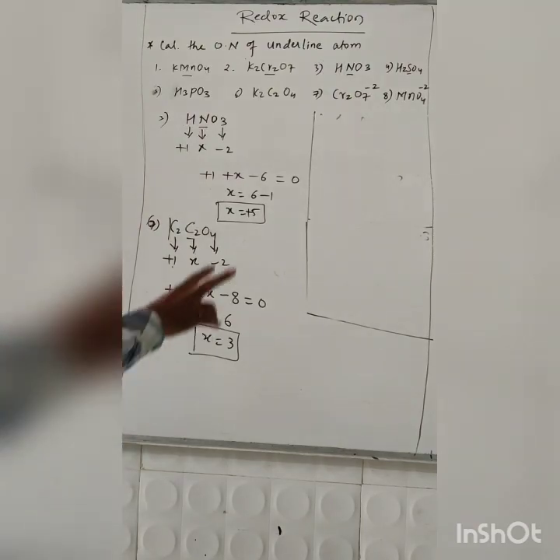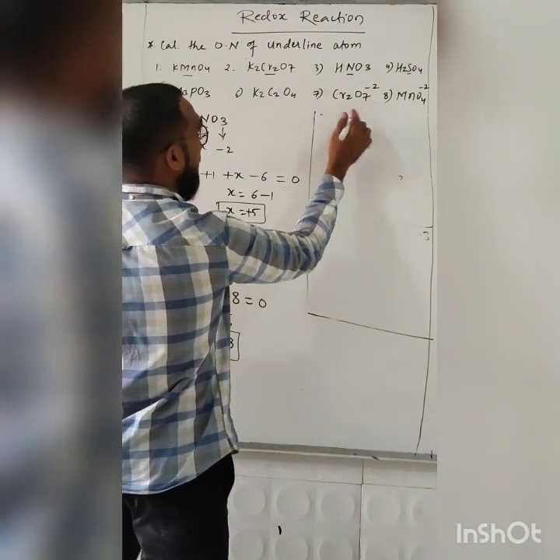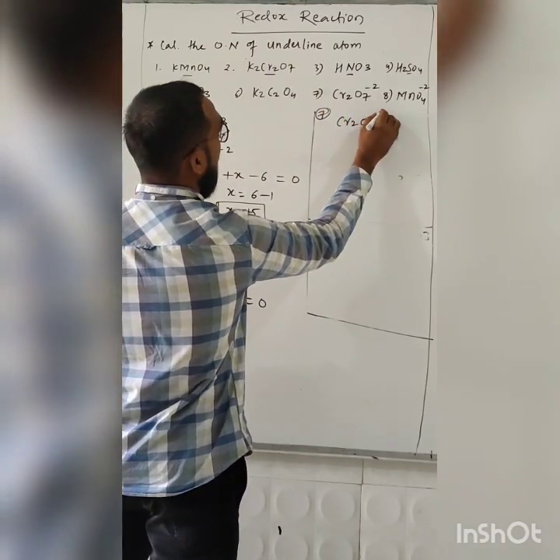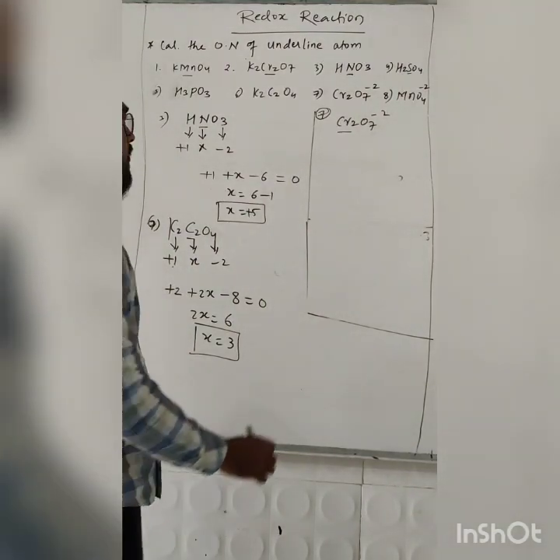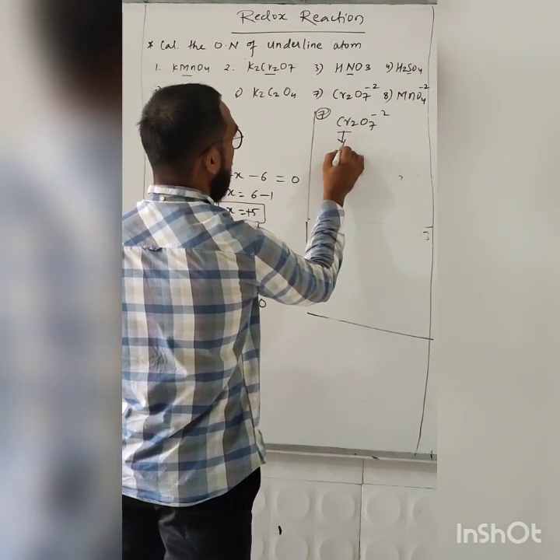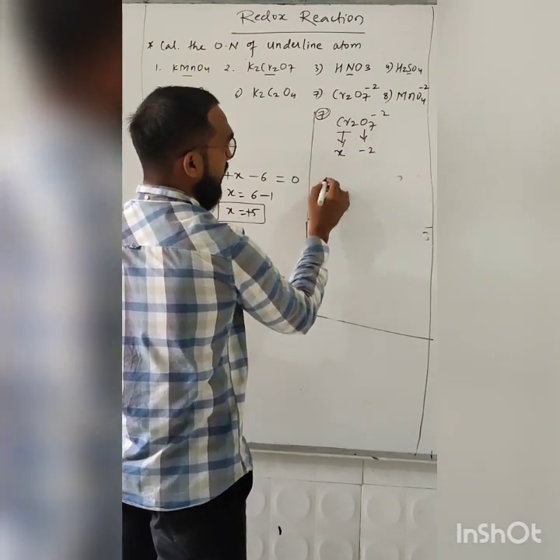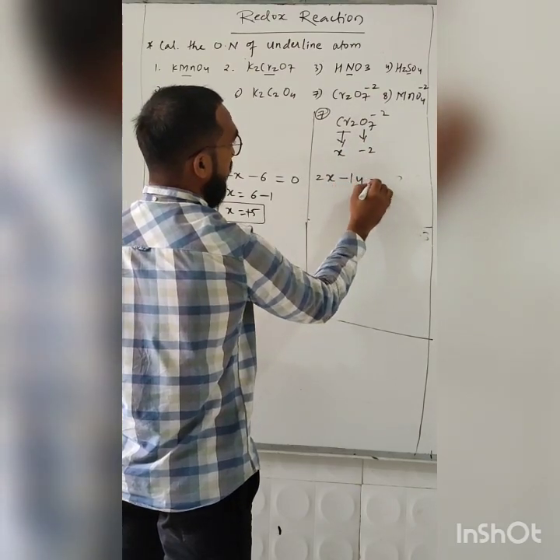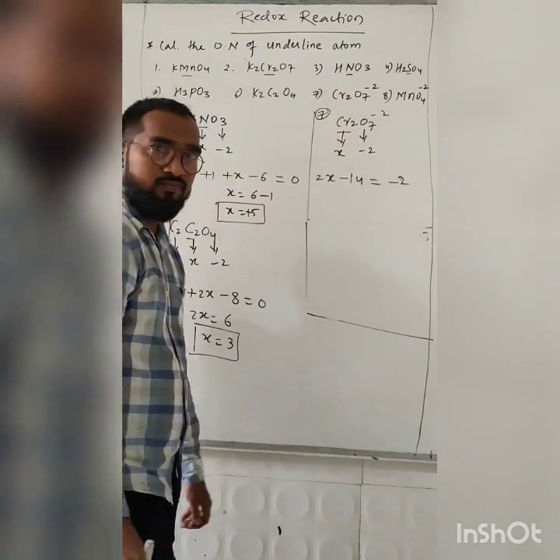Here I have taken two examples of the polyatomic ion. Example number 7, that is Cr2O7 -2, where we have to find out the chromium oxidation state. So I take x here and oxygen is -2. 2 chromium are there, 2x, 2 7s are 14, -14. Now the molecule has a charge which is -2.